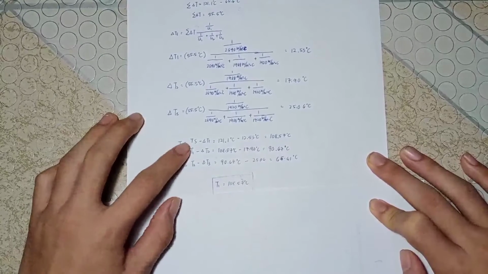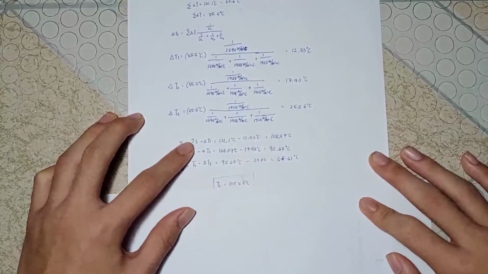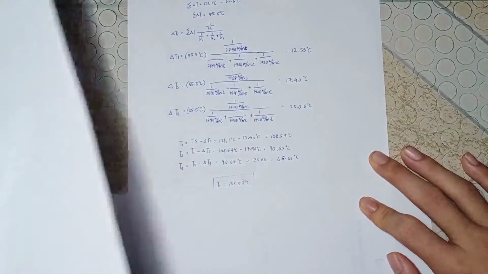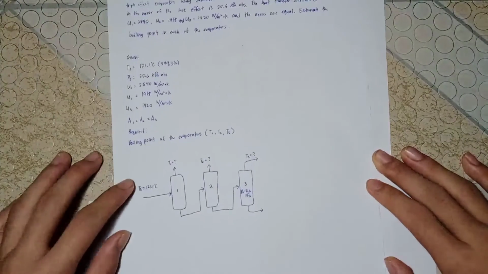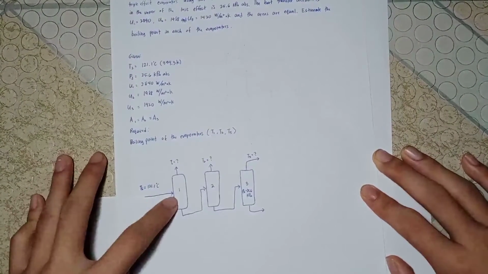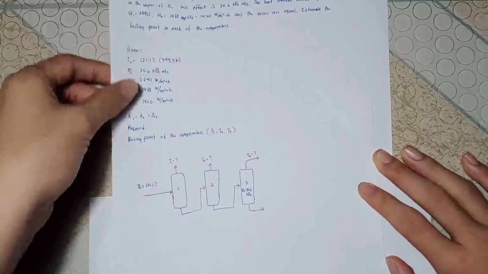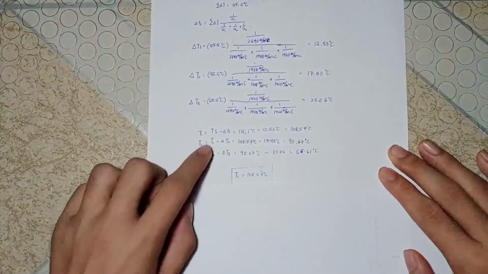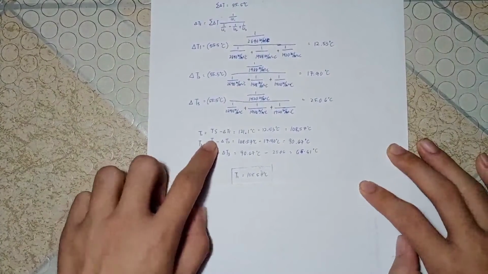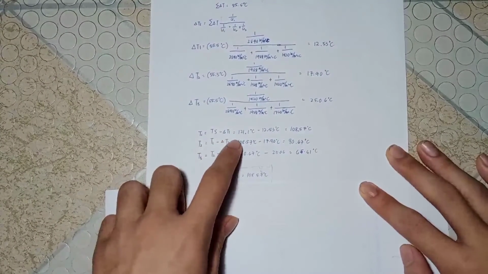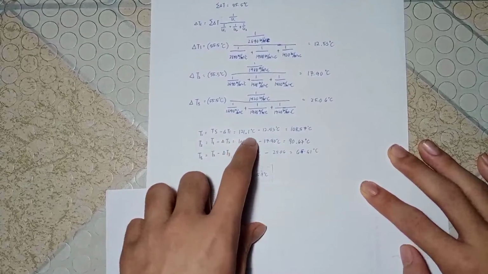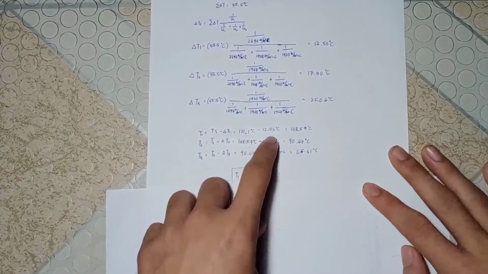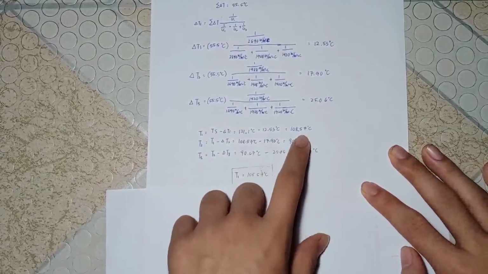The reason why it is Ts is because in this diagram, Ts was our feed going to evaporator 1, and we are finding the boiling point in evaporator 1 first. So Ts minus delta T1: 121.1 degrees Celsius minus 12.53 degrees Celsius, we find the answer.